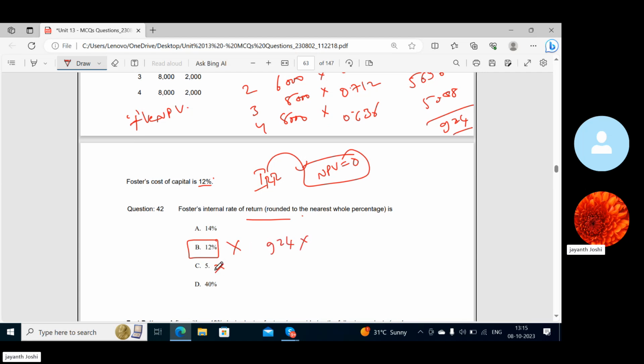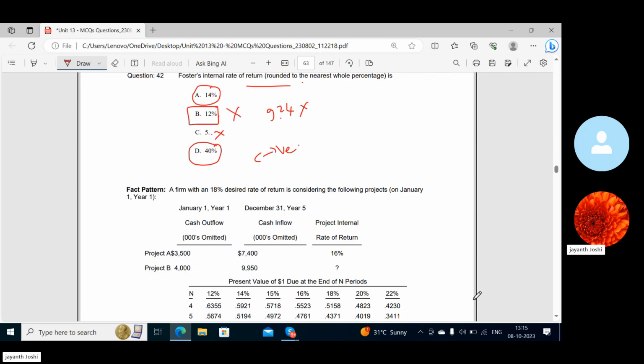So 12% is not the answer. We will try with 14%. If 12% is giving me a positive NPV, 40% will definitely give me a negative NPV, but I don't want negative NPV. I want zero, right? So let's try with 14%. I'm putting the same things here.